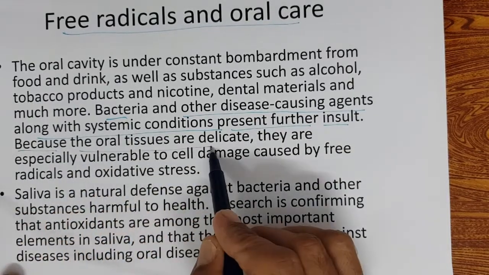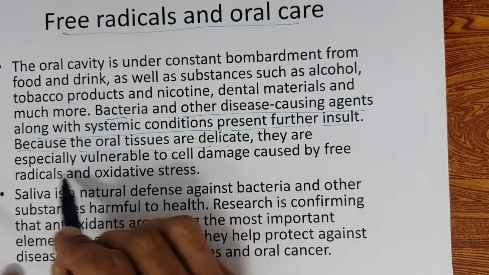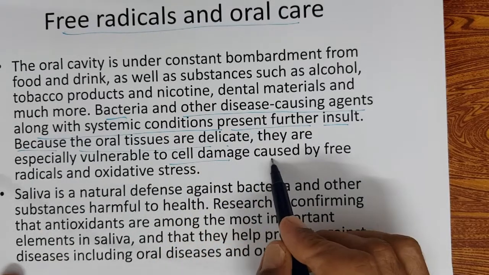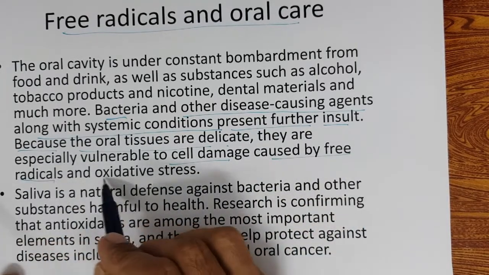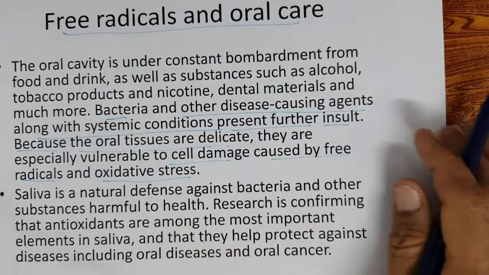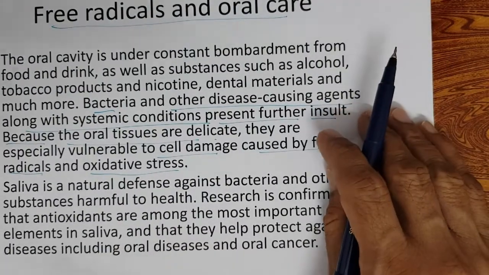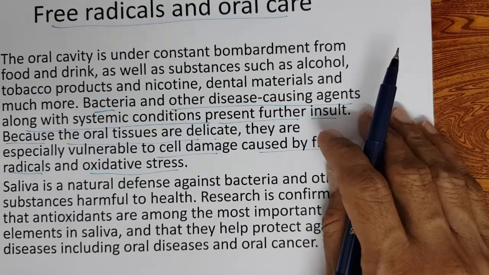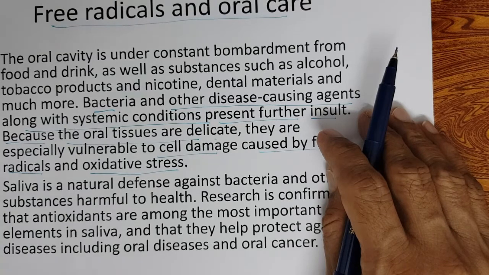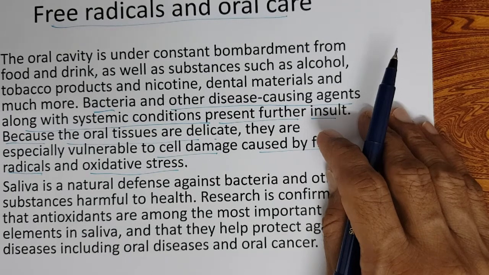Because the oral tissues are delicate, they are especially vulnerable to cell damage caused by free radicals and oxidative stress. Lots of things are happening in the oral cavity. Part of the food is digested, and there is smoking and tobacco. Because of this, free radicals are created in the mouth that can cause oxidative stress.